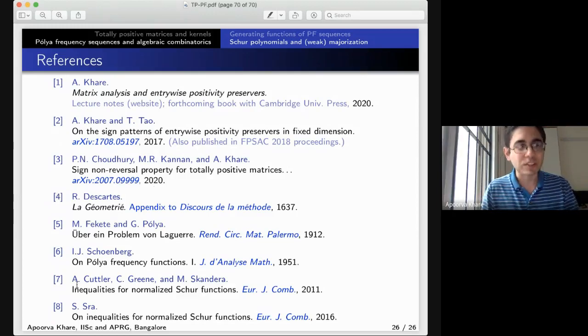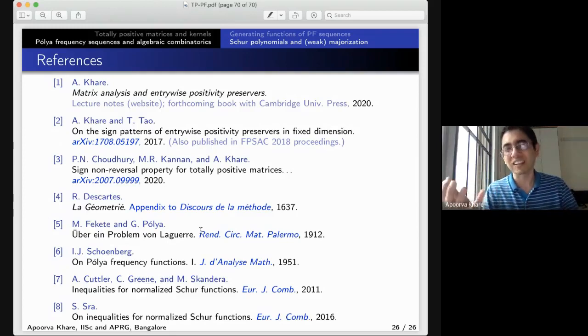And then you come to the classical references. As I said, morally speaking, this whole thing starts from the variation diminishing property, from Descartes' rule, which talks about the variations and bounds on them, to Laguerre, which I did not cite here, to Fekete and Polya, on the problem of Laguerre. Now you know which problem.